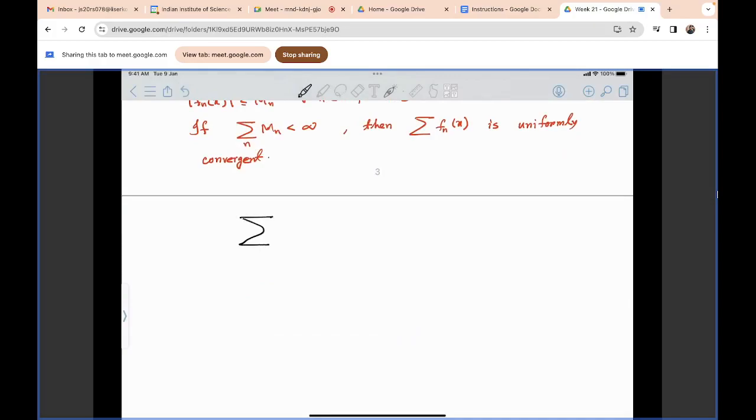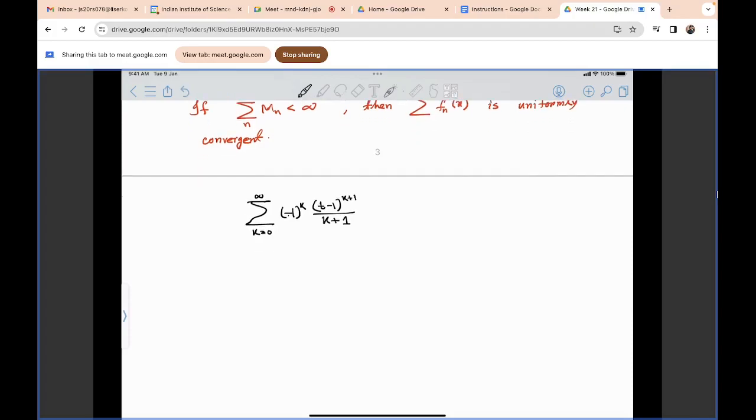So first note the series term: minus 1 to the power k times t minus 1 to the power k plus 1 by k plus 1.